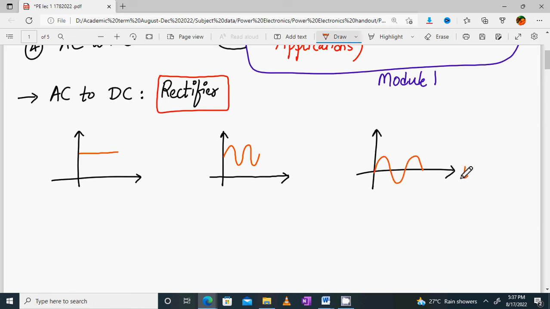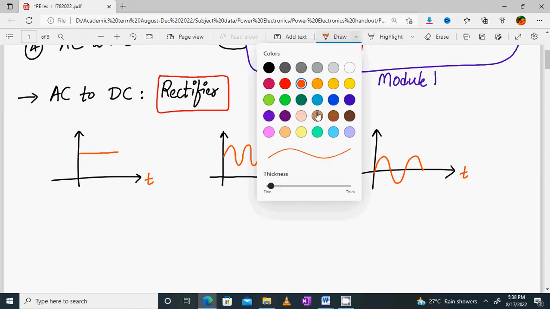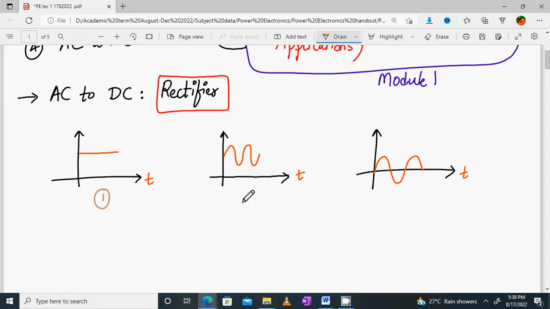Okay, these are all versus time, and these are all quantities. So let me mark them as 1, 2, and 3. I'll give you a few seconds to think and let me know out of these 1, 2, and 3, which ones are DC quantities. Which of the waveforms is DC?